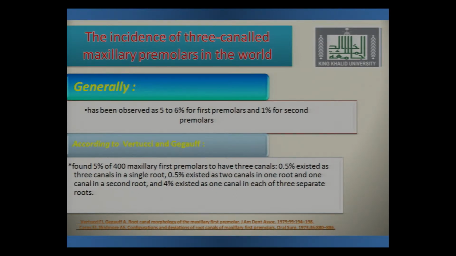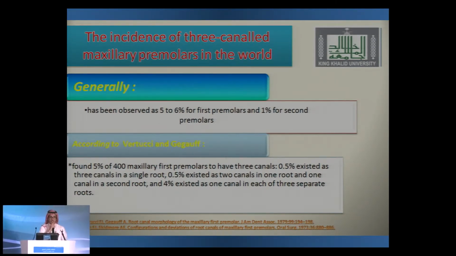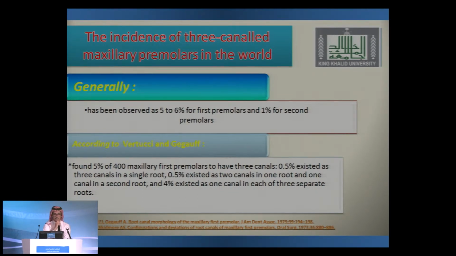That means 0.5% existed as 3 canals in a single root, and 0.5% existed as 2 canals, that means 1 canal in one root and a second canal in the other root. And 5% existed as 1 canal in each of 3 separated roots.